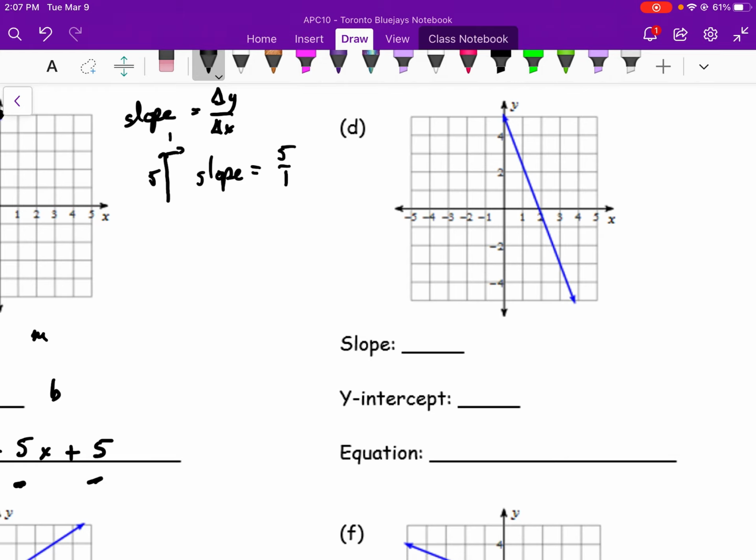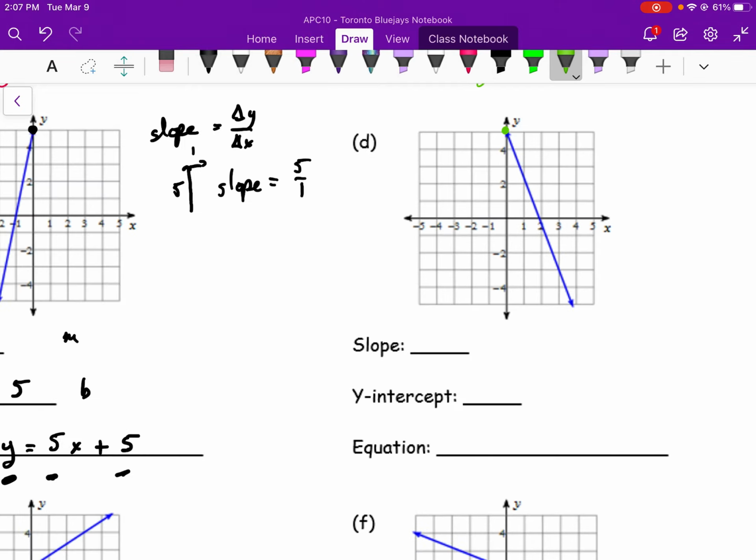Fair enough. I like to pick low-hanging fruit, right? Whenever you approach a question, if there's a give me in any of this, I try to get it. So the easiest part about this probably is identifying the y-intercept. What I'm able to see is my y-intercept is 5. What is my slope? I don't know.